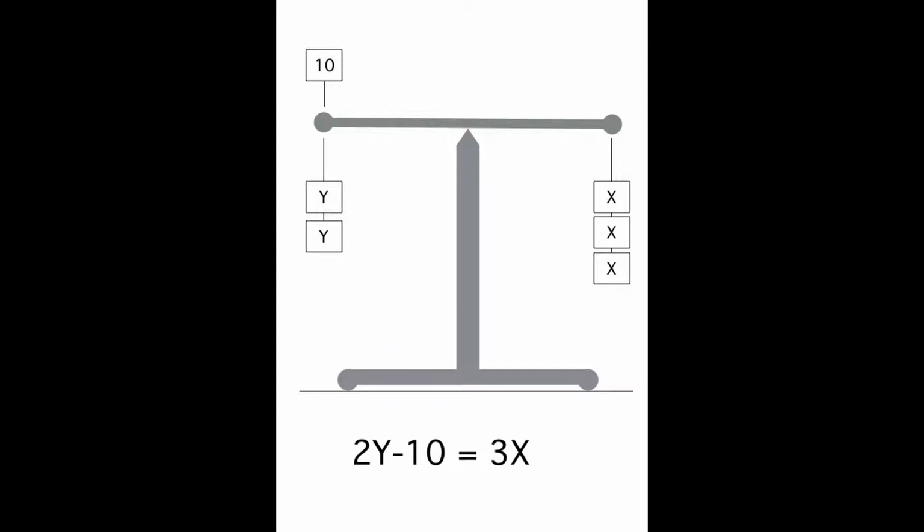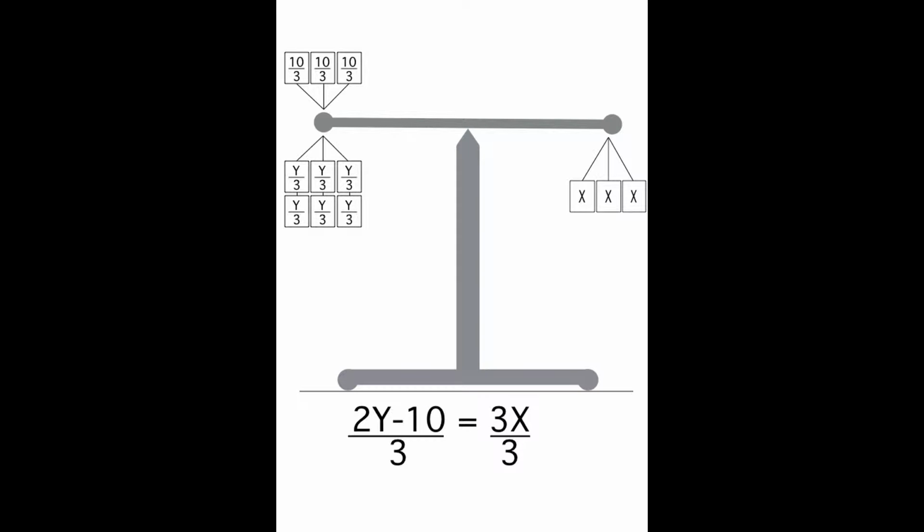I only want one x on one side of the equation and something to do with y on the other. So instead of subtracting 2 x's, I'm going to divide by 3. I'm going to divide the left-hand side by 3 and the right-hand side by 3. Let's see what happens.